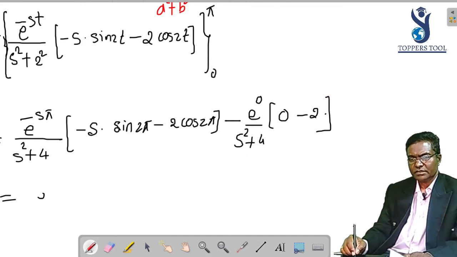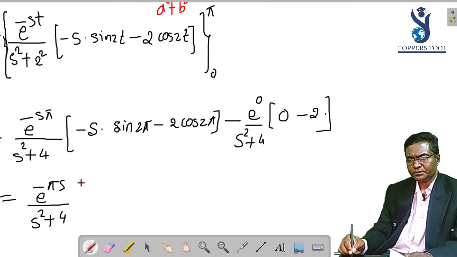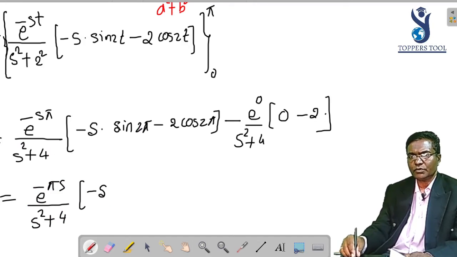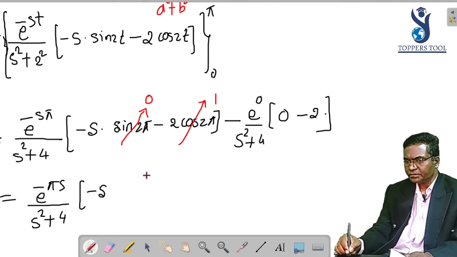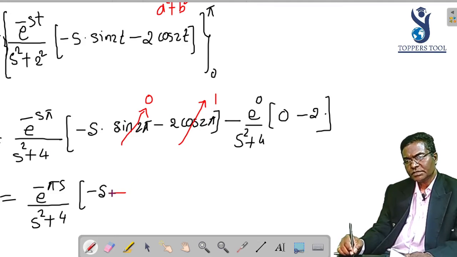Okay. E power minus pi s by s square plus 4 minus s into sine 2 pi is 0. The value of sine 2 pi is 0 and the value of cos 2 pi is 1, so this term becomes 0.